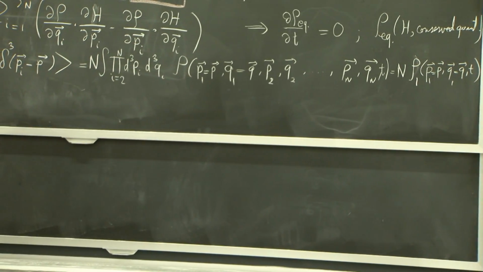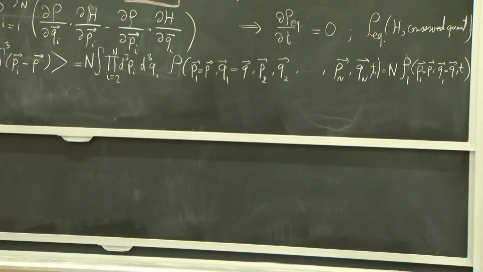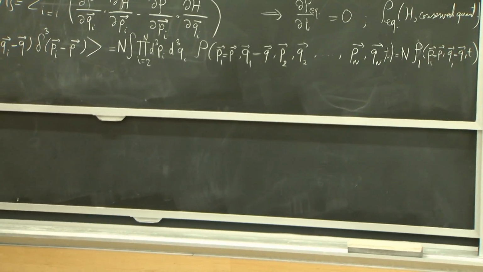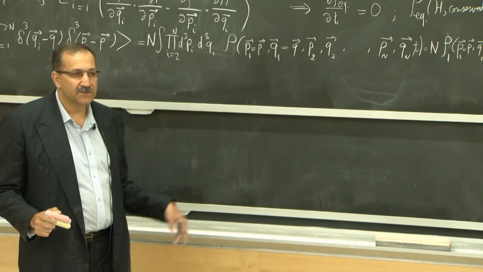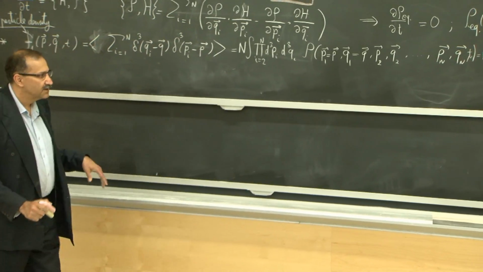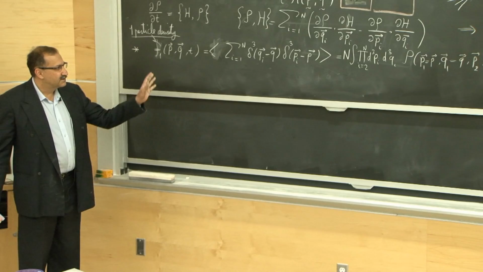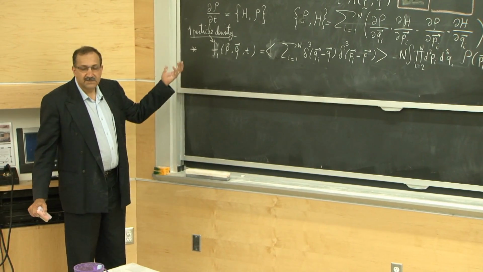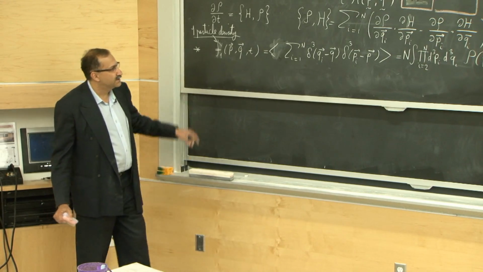Okay? So essentially what I've said is I have a joint probability. I'm really interested in one of the particles, so I just integrate over all the others. And this is not very elegant, but that's somehow the way that it has appeared in the literature.